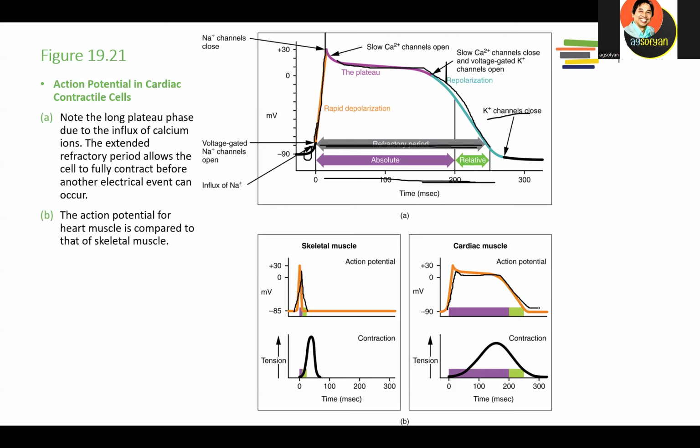So one contraction requires about 200 to 300 milliseconds. Over here is maybe only around 70. Okay, so contraction of the heart muscle takes longer because it needs time to push the blood, to empty the ventricle chamber.